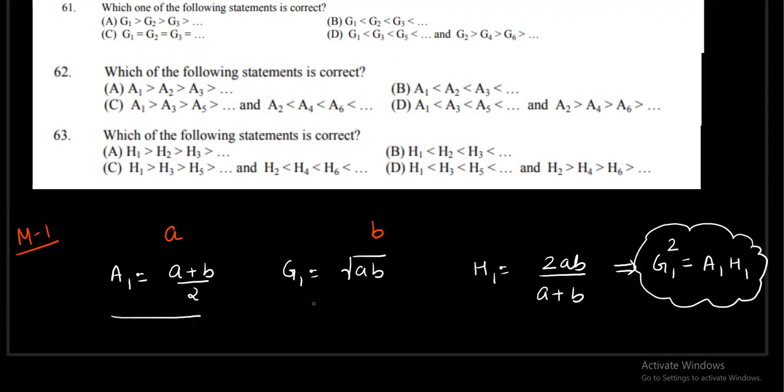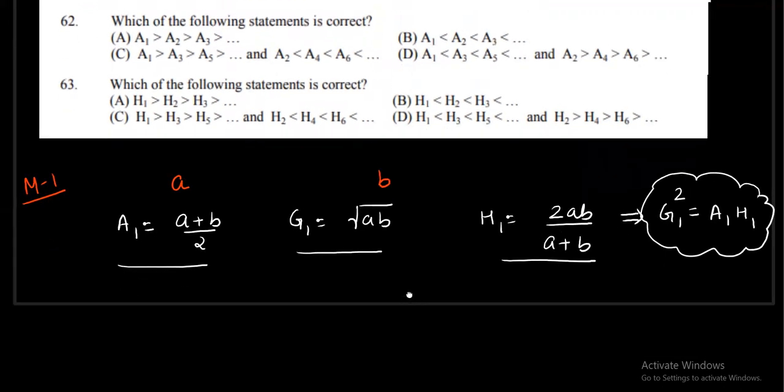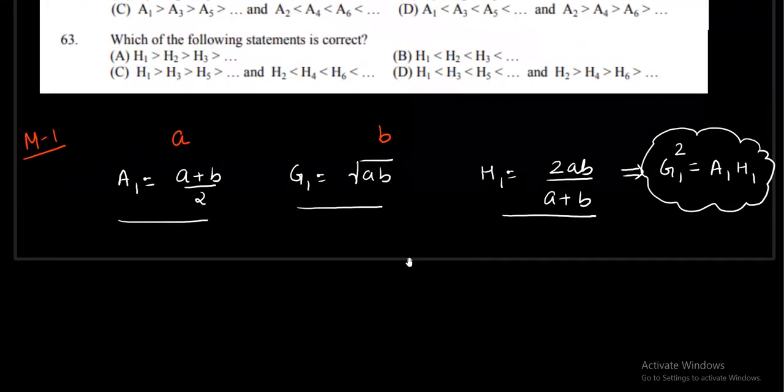So fine, I have A1, G1, and H1. Now further they are saying that An, Hn, Gn are the arithmetic, harmonic, and geometric means of An minus 1 and Hn minus 1. So I'm also writing the value of An. An is going to be the arithmetic mean: (An minus 1 plus Hn minus 1) upon 2.